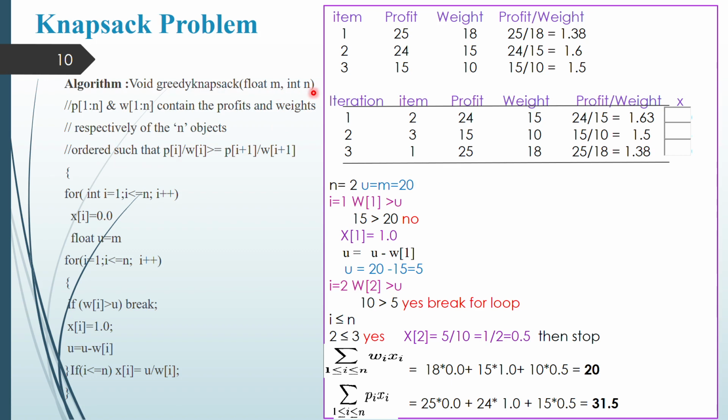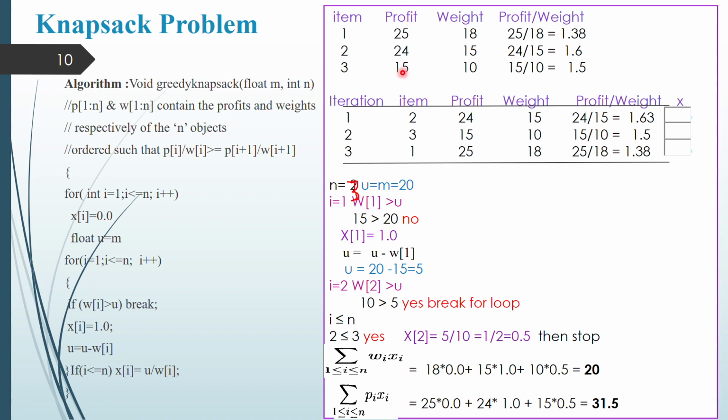M is your capacity and N is the number of items. That is, how many items you are having? Sorry, it is 3, not 2. The number of items in your bag is 3. So 1, 2, 3 items, and M is 20 here.